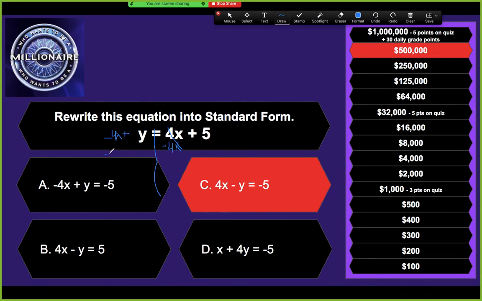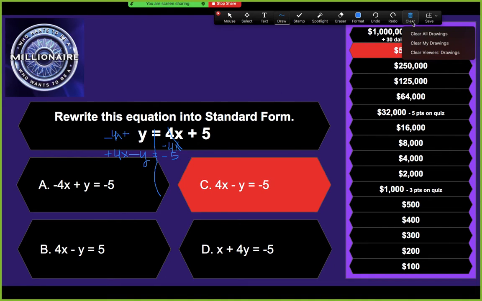So if I want to make it into a positive 4x, I'm also going to have to change my y from being a positive y to being a negative y. And the last step is to change this positive 5 into a negative 5. So I would get 4x minus y is equal to negative 5.